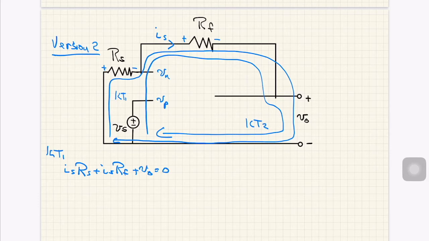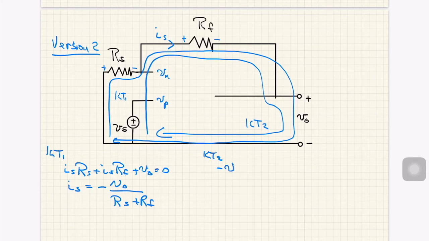And just as usual, I take IS and I say that's equal to now minus V0 over RS plus RF. Straightforward, right?